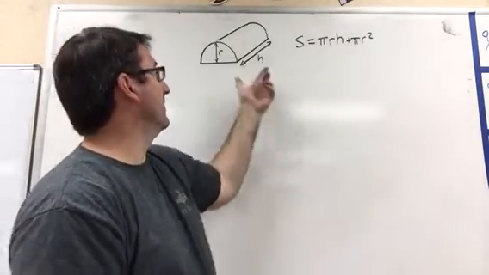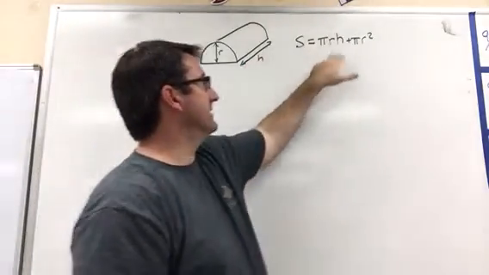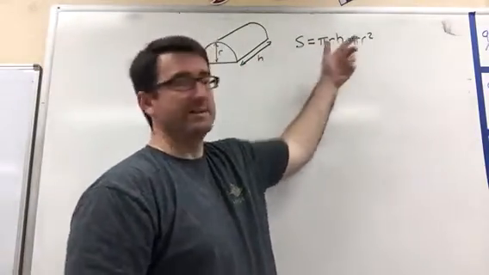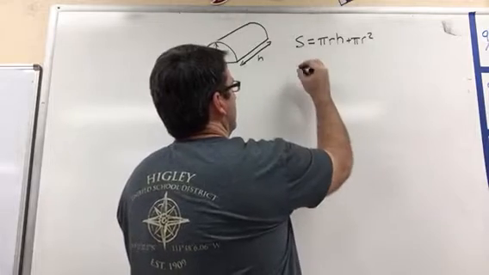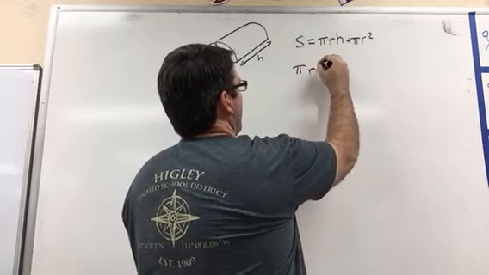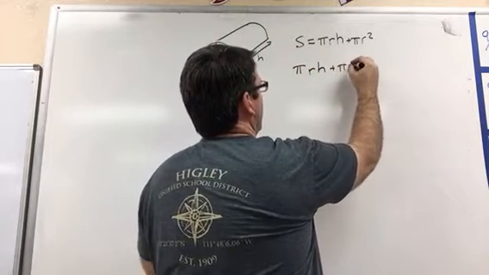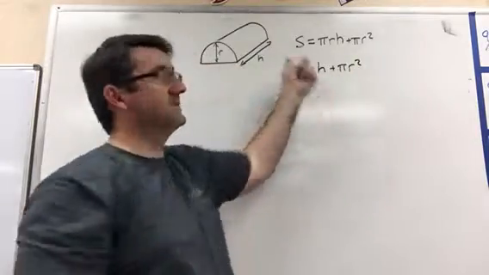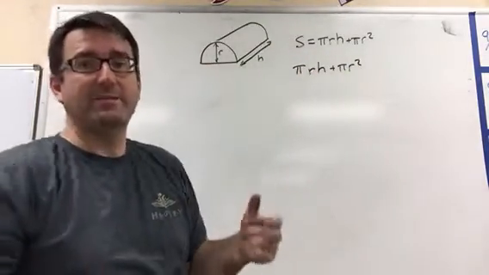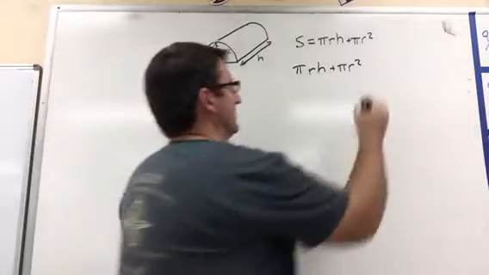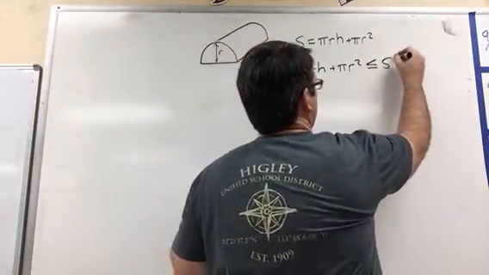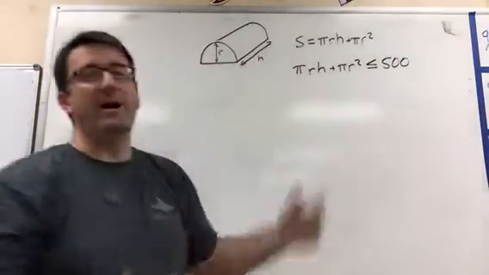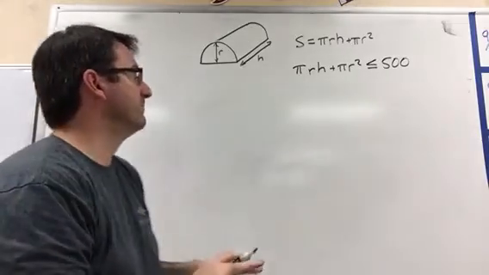So in other words, the surface area, which is given by this equation, pi r h plus pi r squared, has to be less than or equal to 500. So we have at most 500 square feet of material to work with.